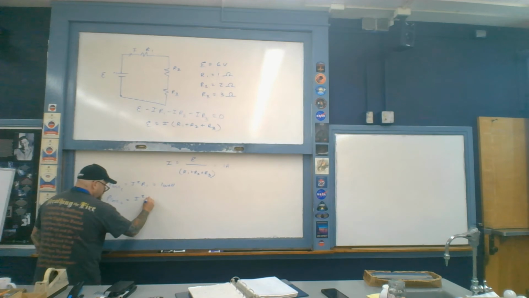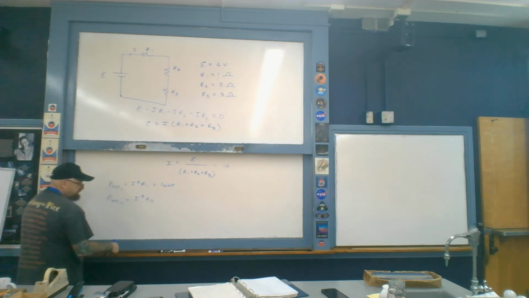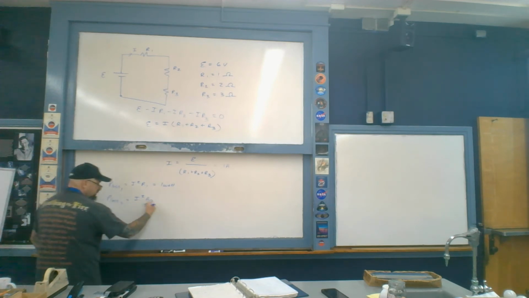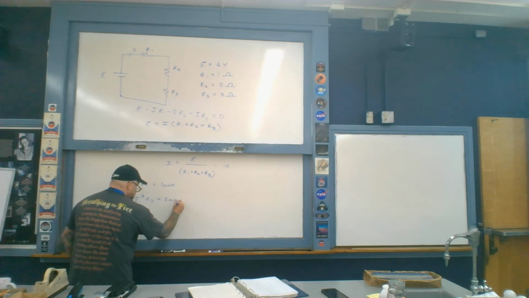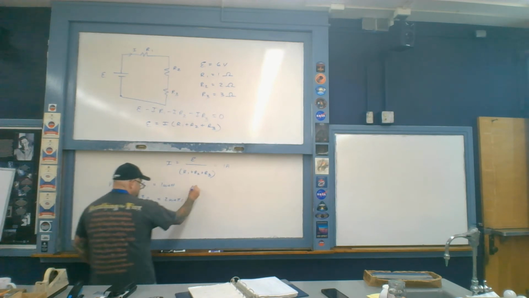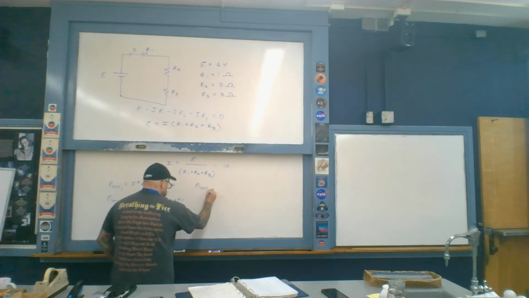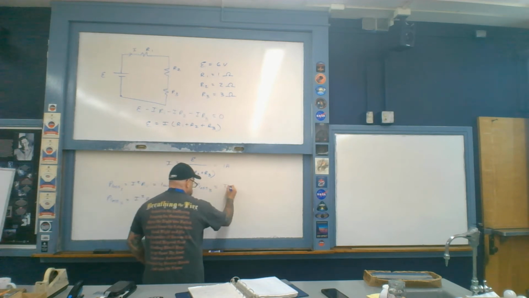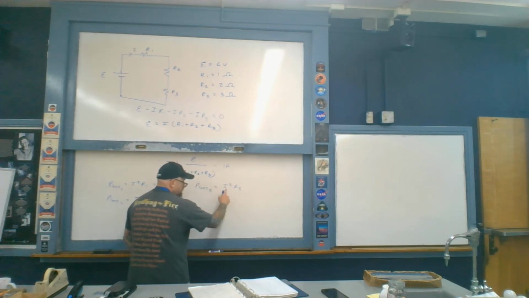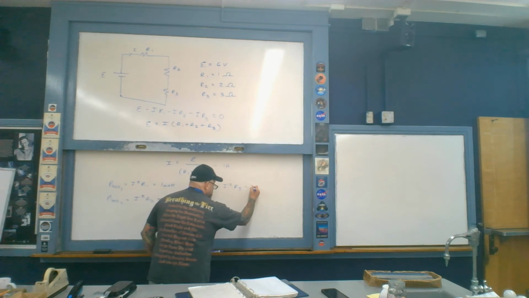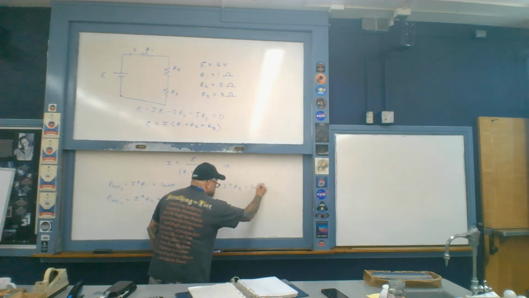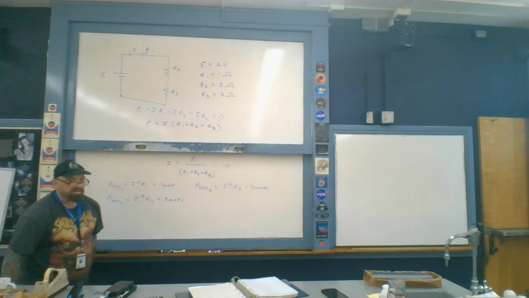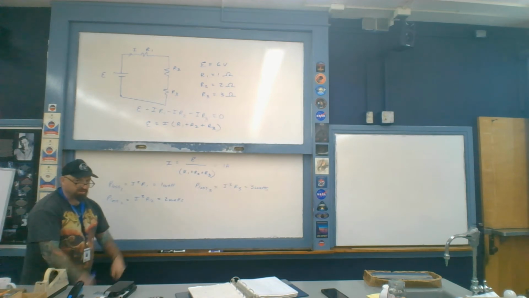Same value of the current I, squared, and then times R2. So 1 squared times 2 ohms is 2 watts. And then lastly, P loss for the third. This is going to be I squared times R3. So 1 squared times 3 ohms is 3 watts. Like so. So pretty obviously, a single loop circuit is easy to do.